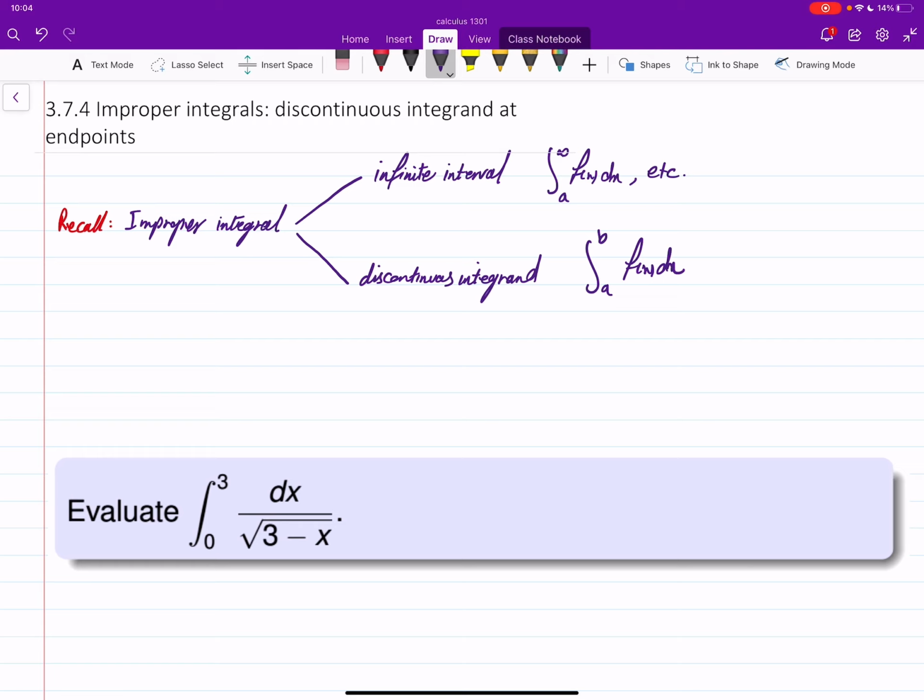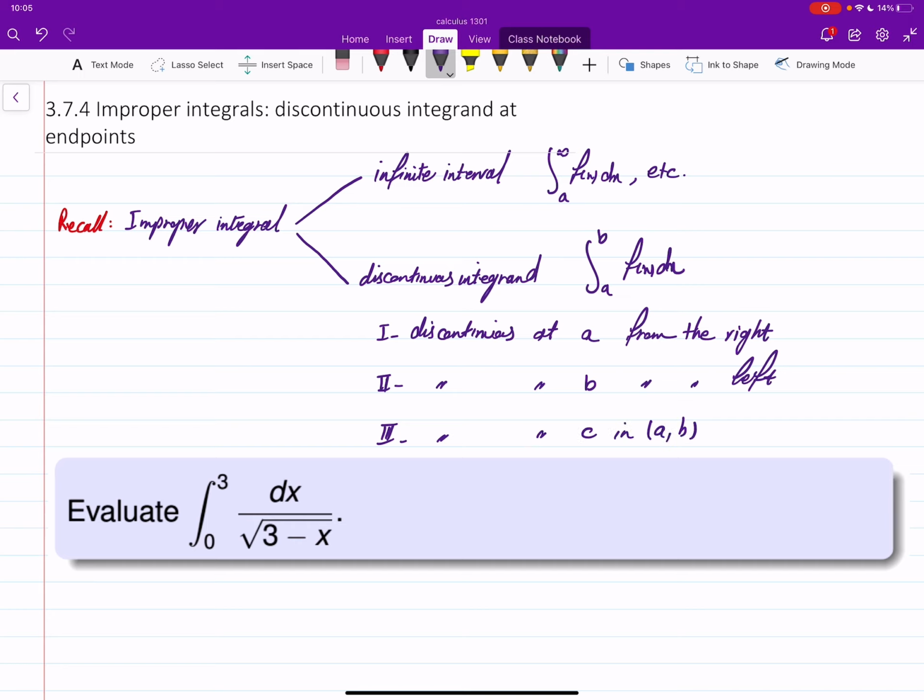Either it is discontinuous at a from the right, or it is discontinuous at b from the left, or it is continuous everywhere except at a point c inside the interval a b, where the function is discontinuous.